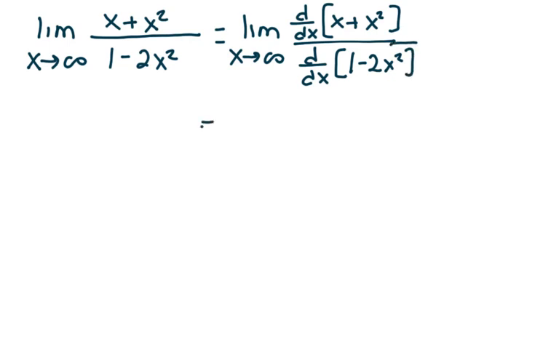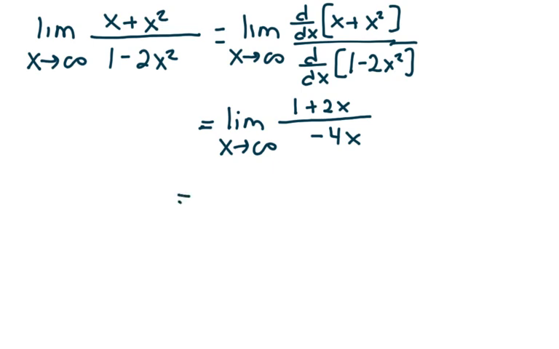Now, this is going to be the limit as x goes to infinity of (1 plus 2x) divided by negative 4x. We could either do L'Hopital's rule again, which is fine, or I can show you how to evaluate that.